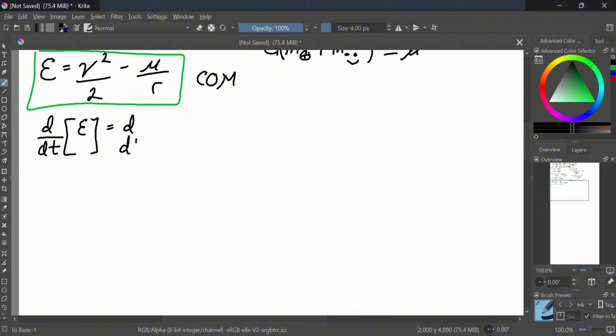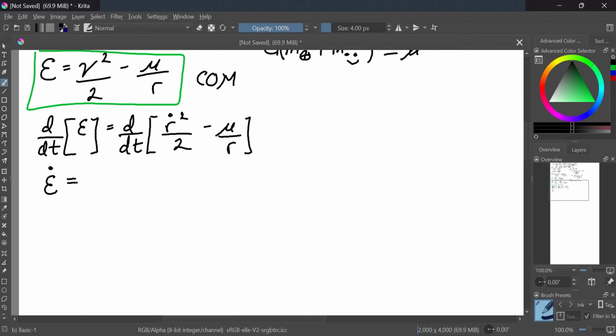I'm going to write my v in dot notation. So E equals r dot squared by 2 minus mu by r. Left side, easy enough: E dot.